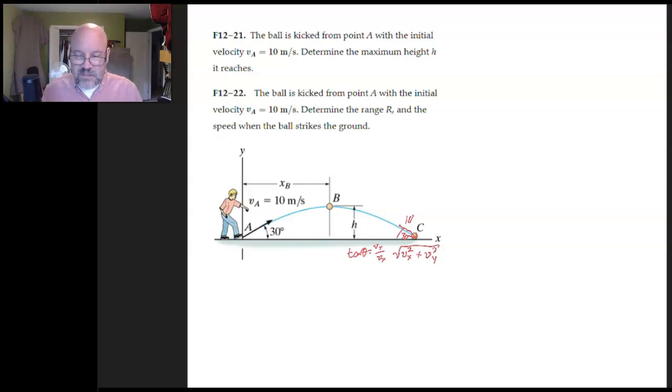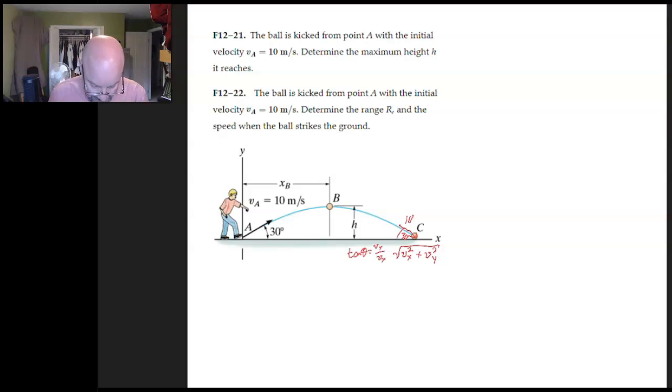So let's dig into how far this thing's going to go. What we'll do here is start with finding the initial x and y components of velocity.